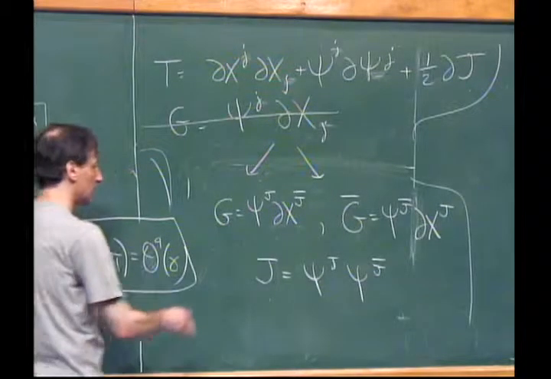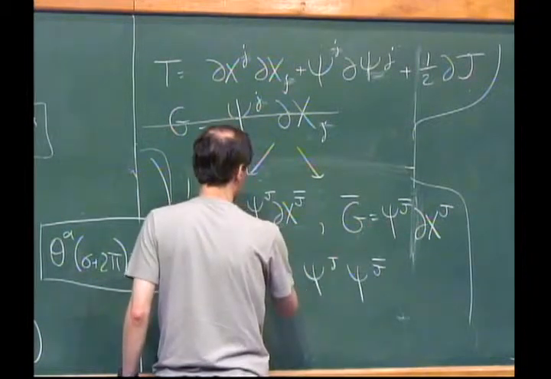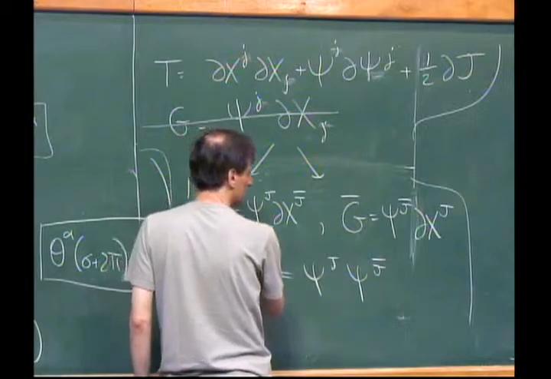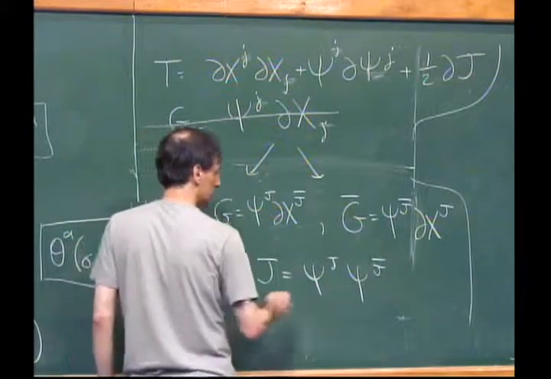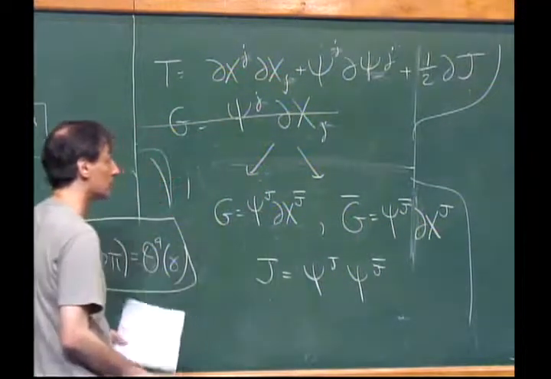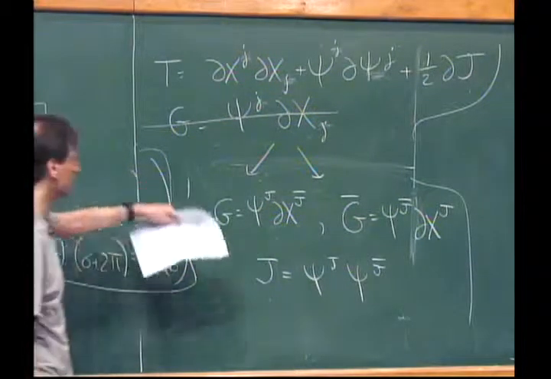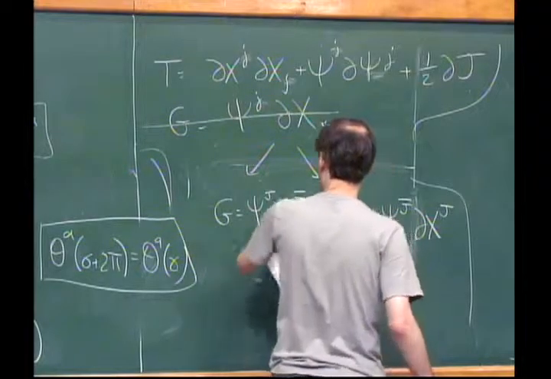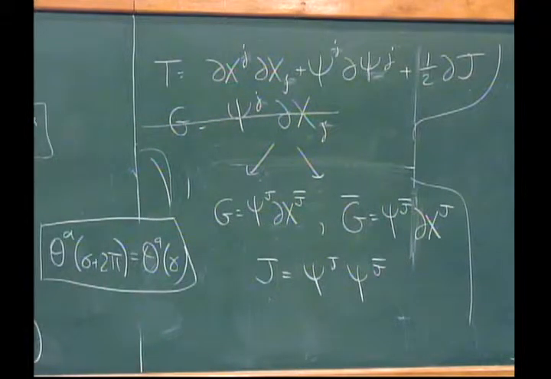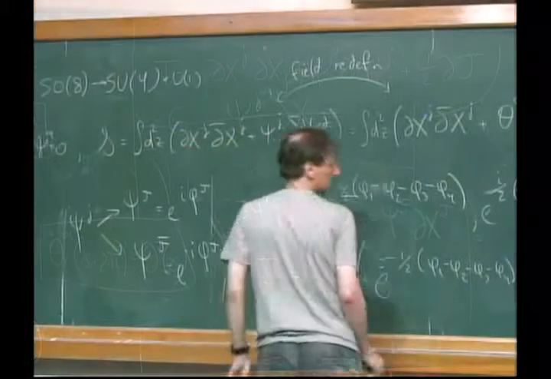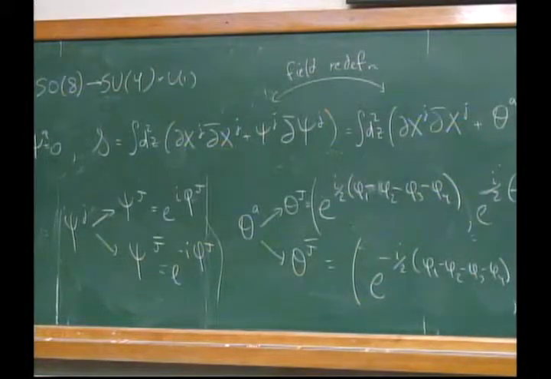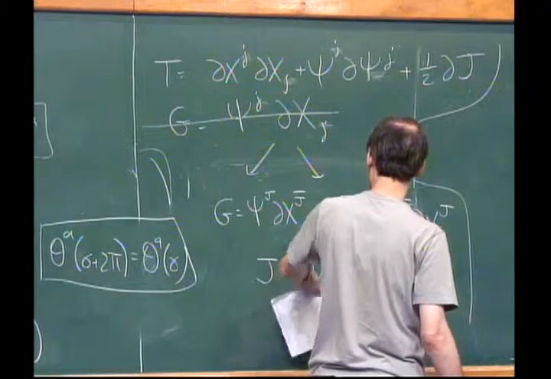Now we can require that the spin 0 variables all are periodic, and also the spin 1. Well, this was done in light cone gauge, and now we can also use this relation of psi and theta to write these variables in terms of theta, if we like.